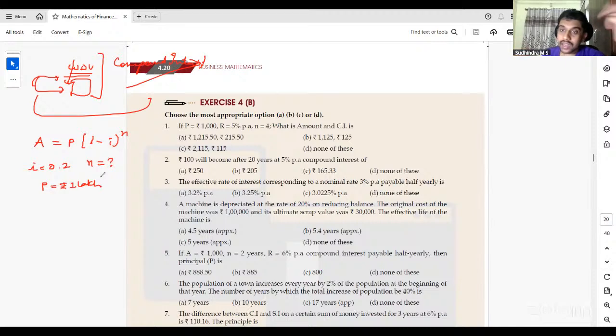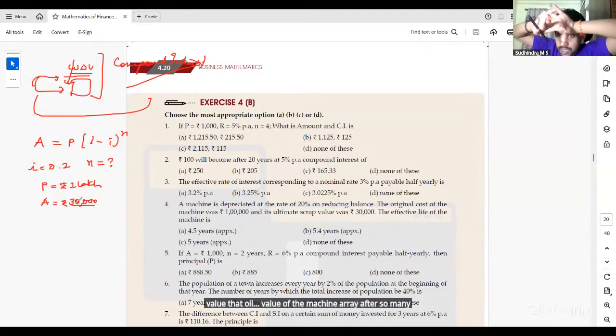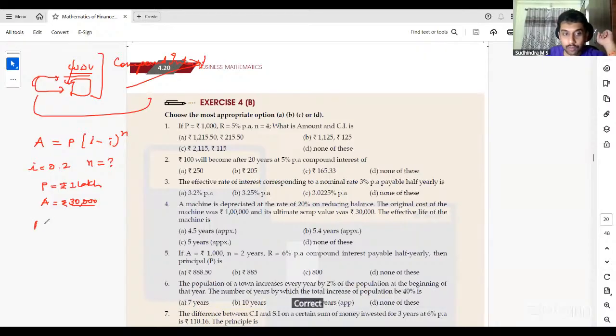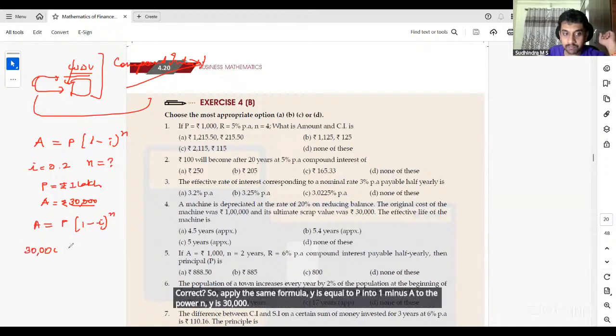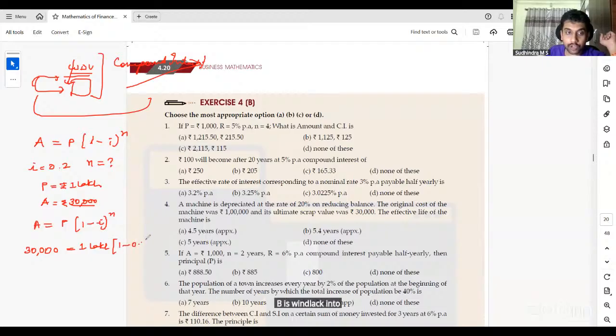Amount, scrap value. Correct. 30,000 is the amount, basically the value of the machinery after so many years of depreciation. So apply the same formula. A is equal to P into 1 minus I to the power n. A is 30,000. P is 1 lakh into 1 minus 0.2 to the power n. 30,000 equals 1 lakh multiplied by 0.8 to the power n.